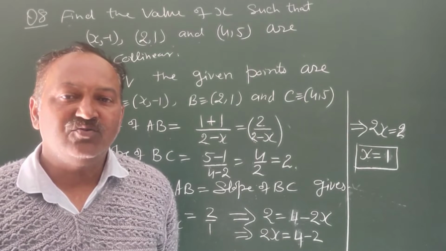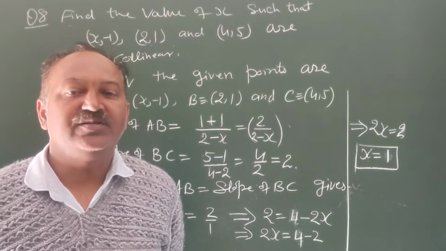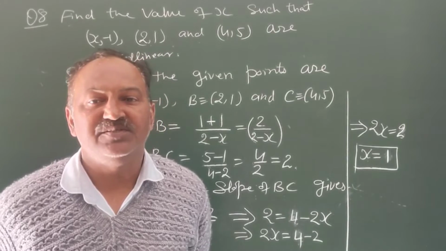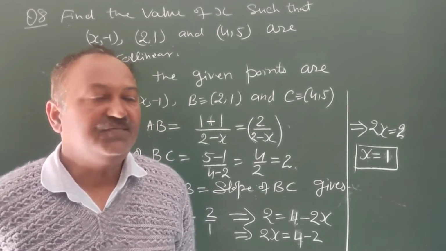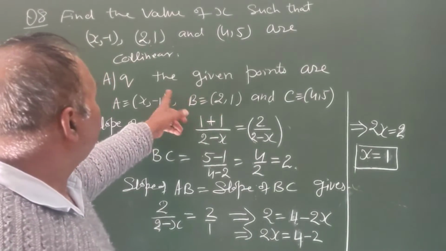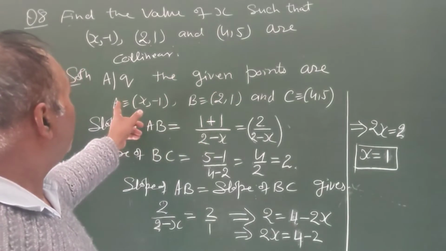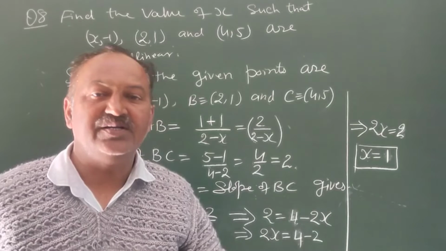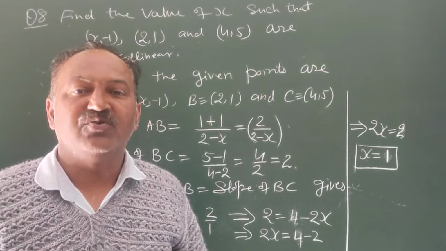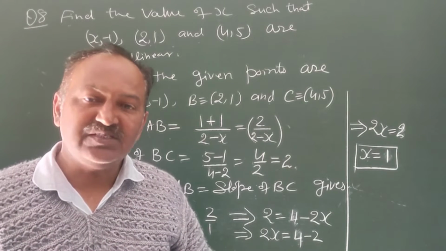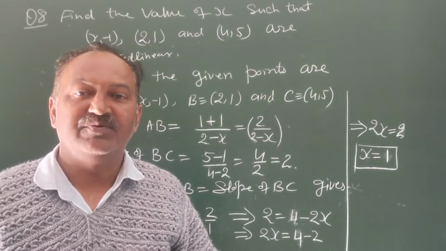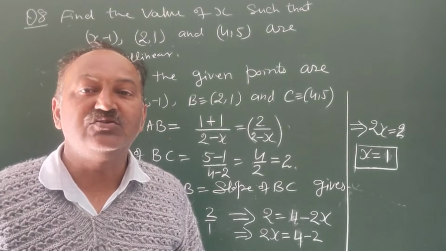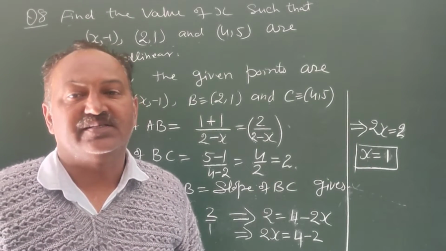If 3 points are collinear, then the area of the triangle ABC must be equal to 0. Also, AB must be parallel to BC, where B is the common point of both line segments.